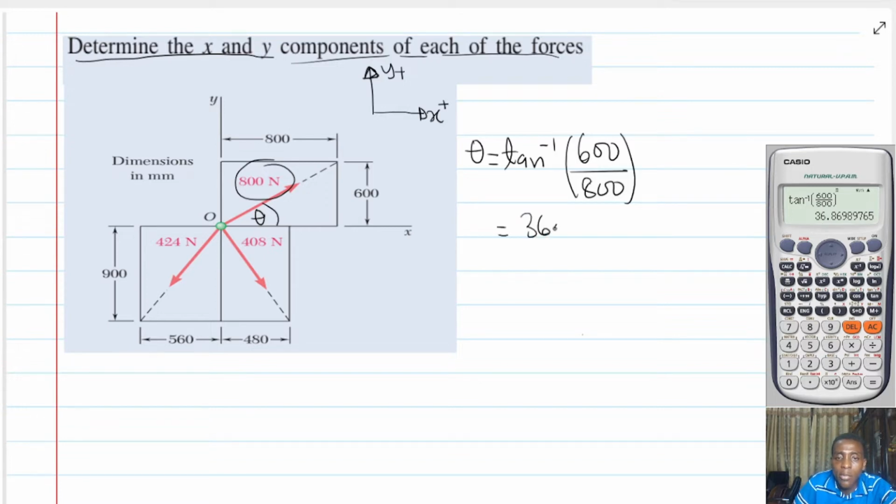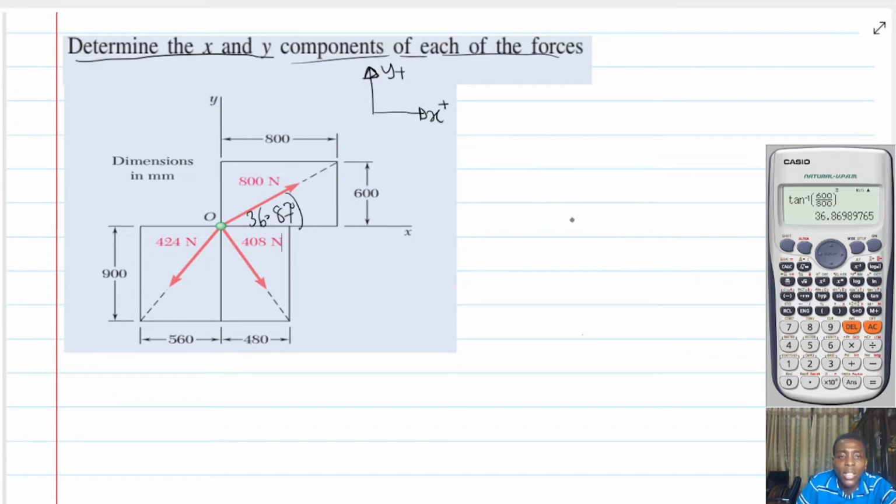So 36.87, that is theta. So that's the angle right here, 36.87.